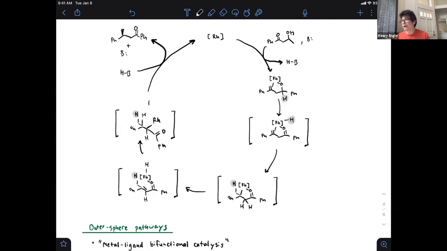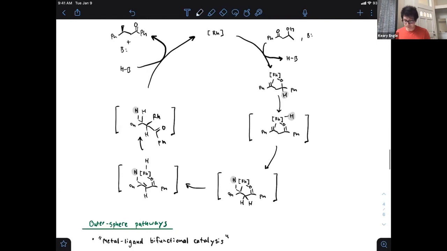So now essentially you just get, I've drawn this in two steps, but essentially a migration of an H atom from the alpha position to the beta position to generate a rhodium enolate, which then can undergo protonation as you would draw a metal enolate to close the cycle.